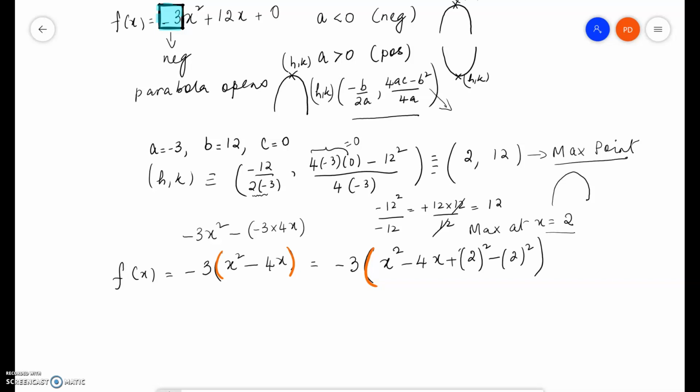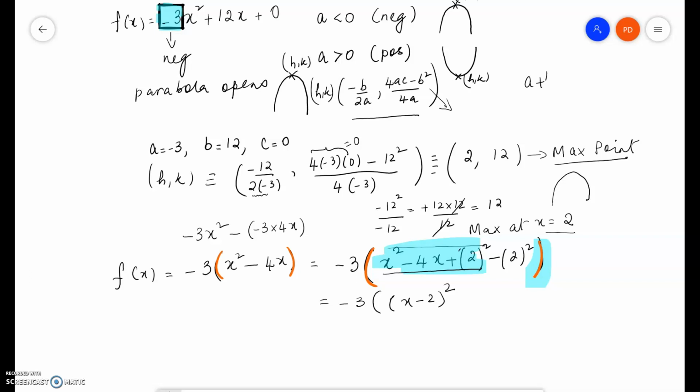We add and subtract, so that way we are not changing the expression. These three terms together form a perfect square. So this would be negative 3 times x minus 2 the whole squared.